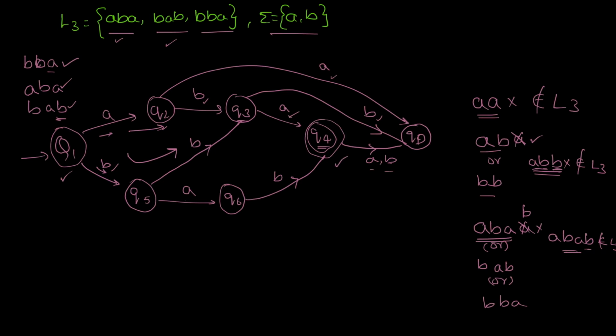Now Q5 already has transitions over A and B, so Q5 is complete. Come to Q6. How did we reach Q6? We reached Q6 by seeing BA. If we see B, we accept it because BAB is in our language.